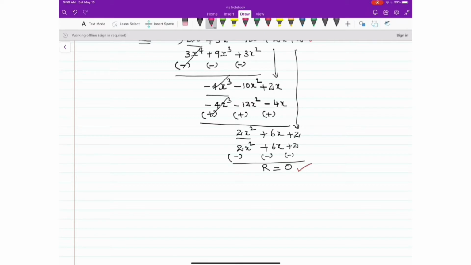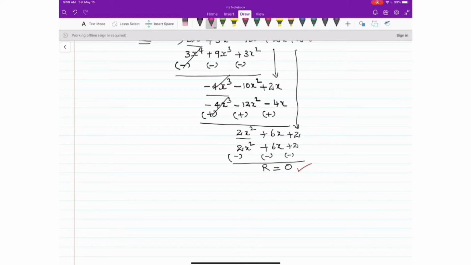See, actually speaking, 2 points you should keep in mind. The first one is, when you divide a polynomial by another polynomial, first you need to write both the dividend as well as the divisor in standard form. What do I mean by standard form? You have to write those polynomials in descending power of x for convenience sake.